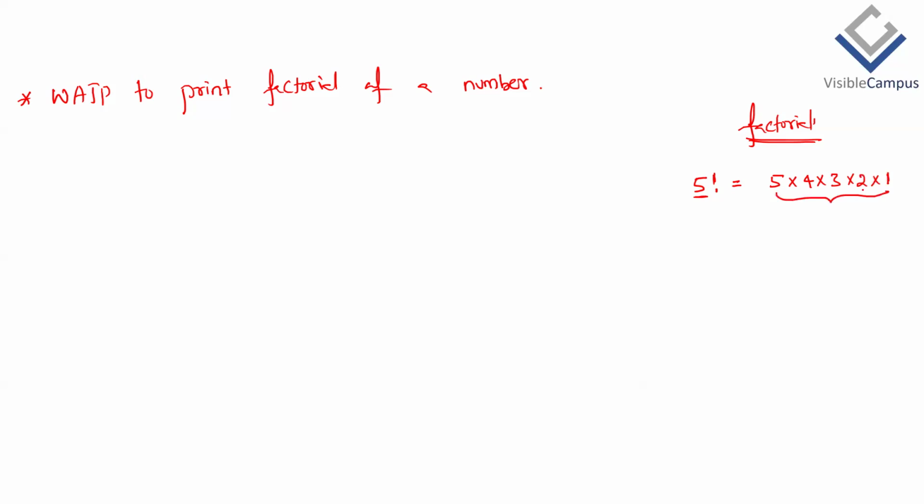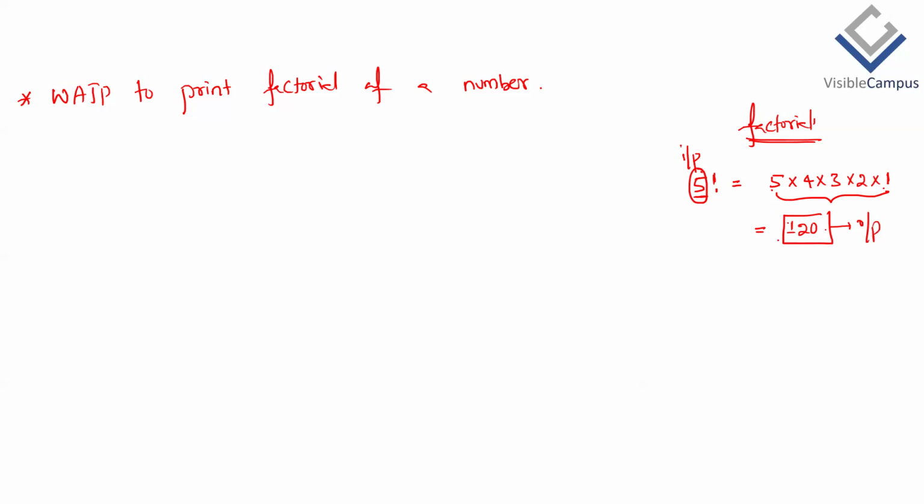If you multiply all the numbers from the number up to 1, that is going to be the factorial. So it is 120, I think. Correct? If the input is 5, then the output has to be 120. That's the meaning of factorial.